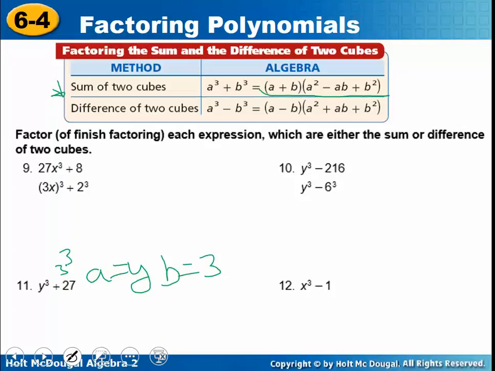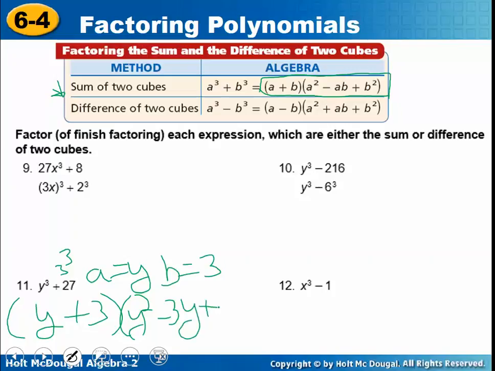And then all you do is you write this part, but wherever you see an a, you'll put y, and wherever you see a b, you'll put 3. And then, let's see, this would be a times b, that'd be y times 3, or you can write that as 3y, plus b squared. b is 3, so b squared is 9. That's all there is to it. It's just plugging them into the formula.